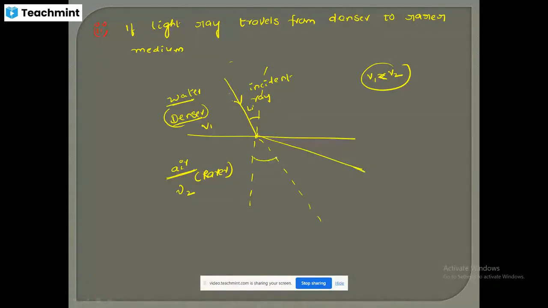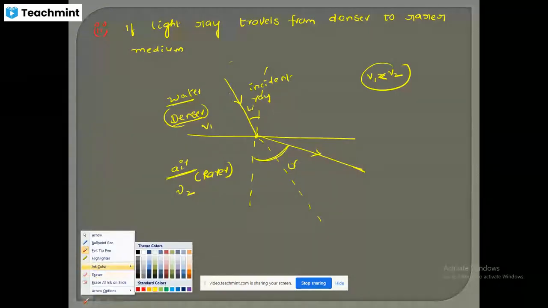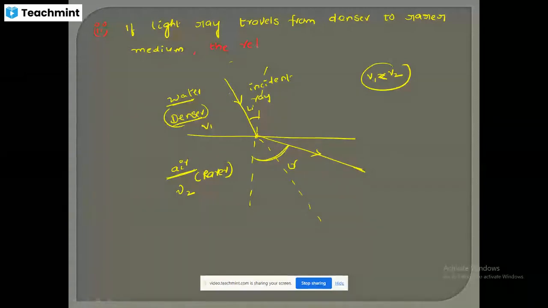So this is the angle of the refracted ray. It's very important. So what is the conclusion here? The refracted ray moves away from the normal, bends away from the normal.